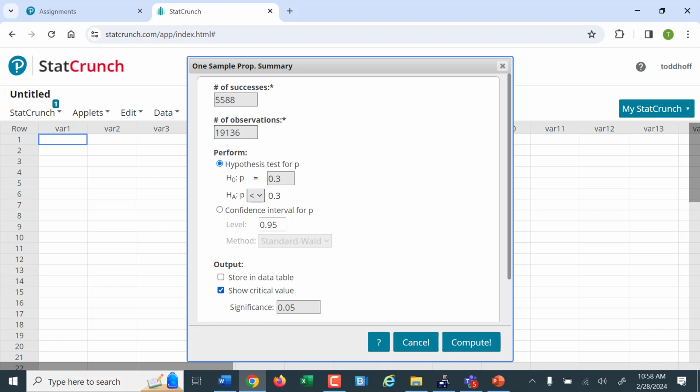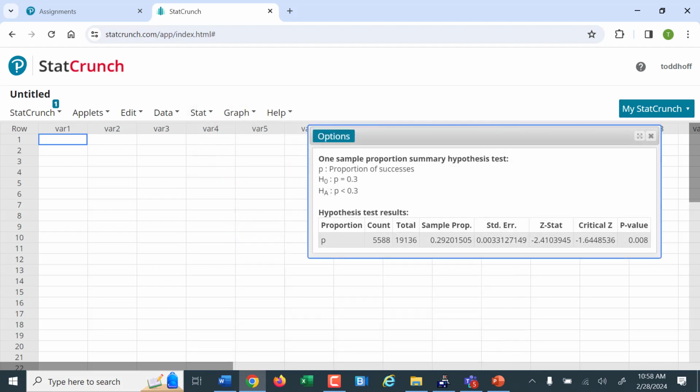Make sure you remember to check that box down there for critical value and put in the level of significance, 0.05. Hit compute, and there it is. So there is our test statistic, negative 2.41, our critical value, and our p-value. It doesn't list alpha here, but we selected our alpha. We know it's 0.05. So this confirms all the information that we had before.